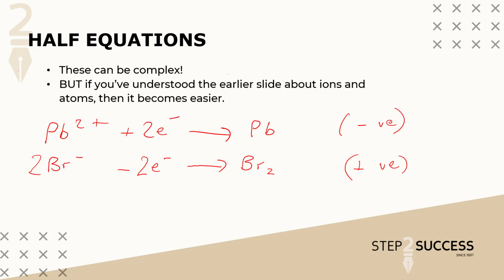Where people get confused about all this is that in textbooks and in schools they will sometimes write that second equation like this. They will say 2Br- gives Br2 plus 2e-.